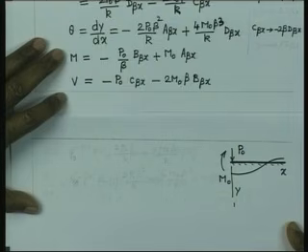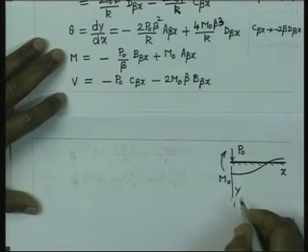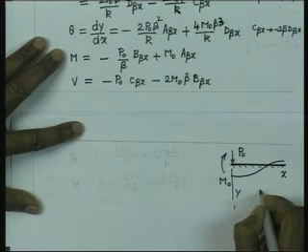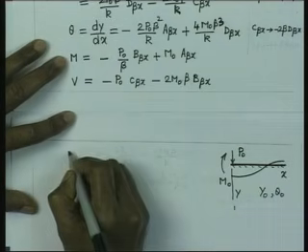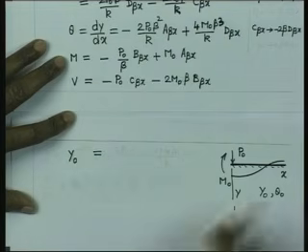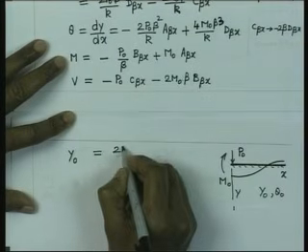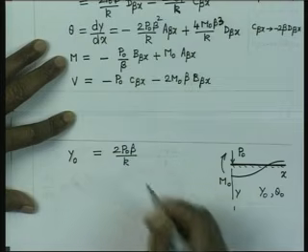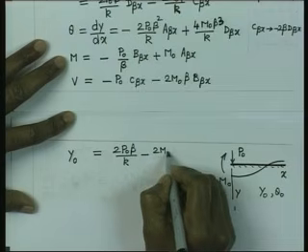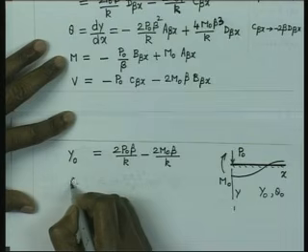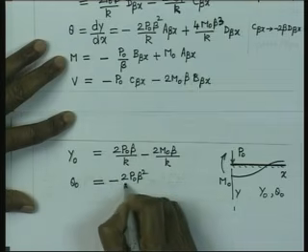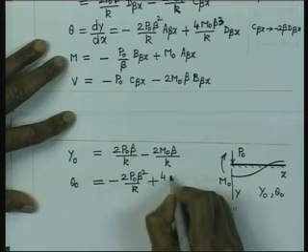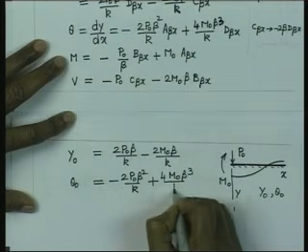and if we evaluate the value of deflection at x equal to 0 and slope at x equal to 0, and represent the deflection at x equal to 0 as y0 and slope as theta 0, then from the expressions that we have derived we get y0 is equal to 2 times P0 beta by k minus 2 times M0 beta square by k, and theta 0 is equal to minus twice P0 beta square by k plus 4 times M0 beta cube by k.